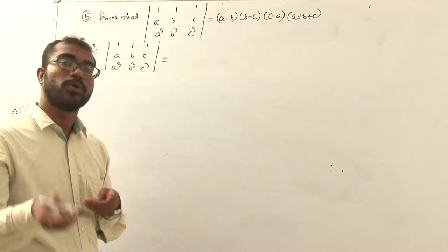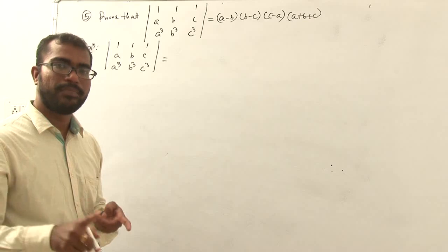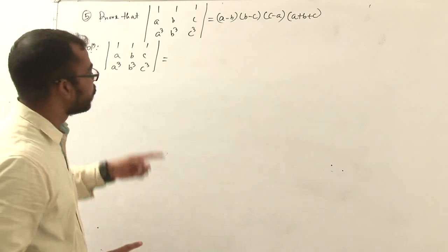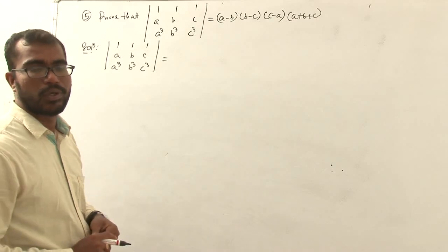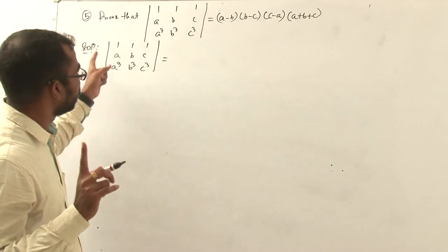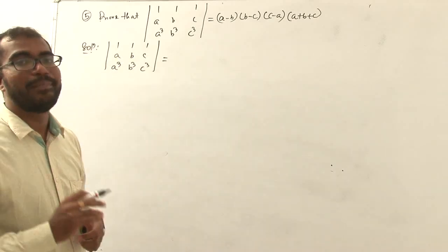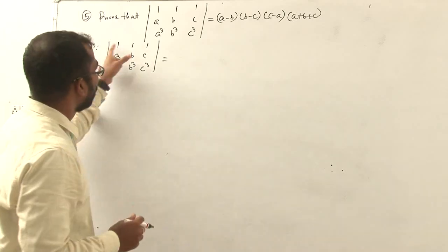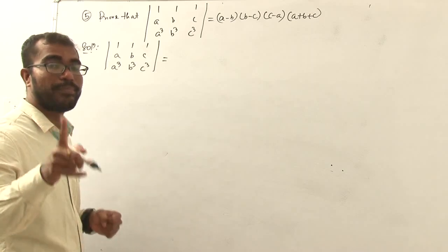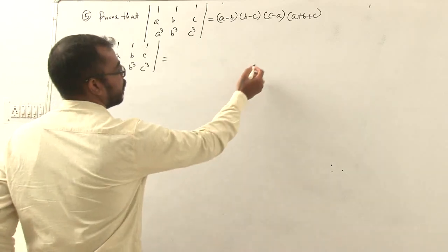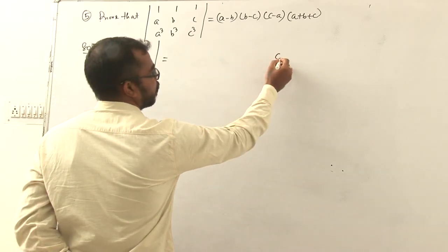If all the elements of a column are the same, then you have to subtract row from row. So here we have to take two columns.